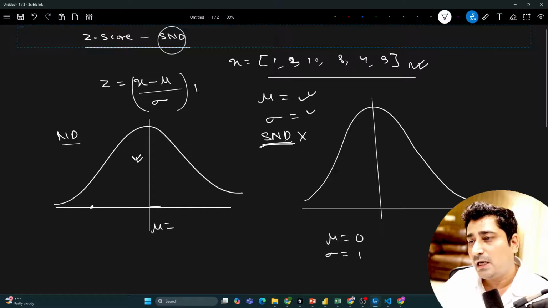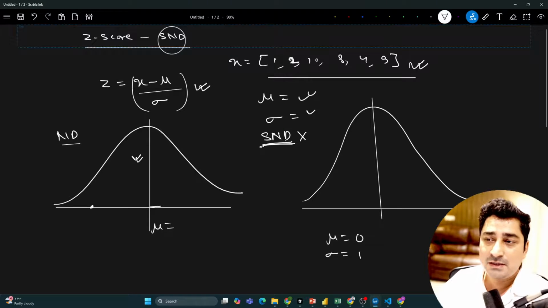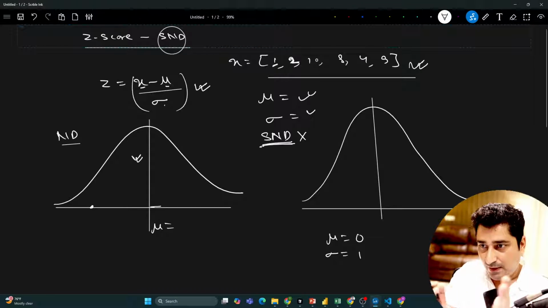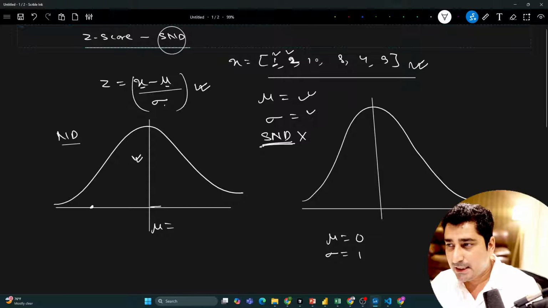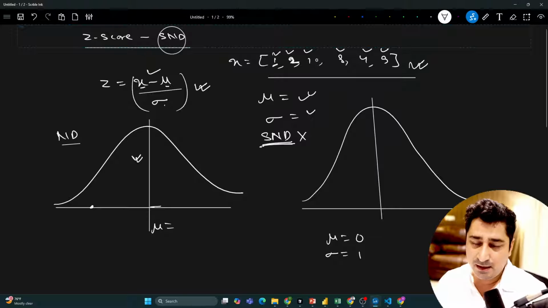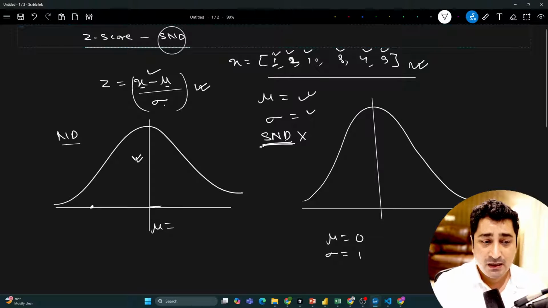Basically, with the help of this Z score formula, I will be able to convert it. If I apply Z, meaning data minus average divided by the standard deviation, I'm just trying to shift the scale. In this way, by using this formula, I will be able to convert all of this data into a standard normal distribution.